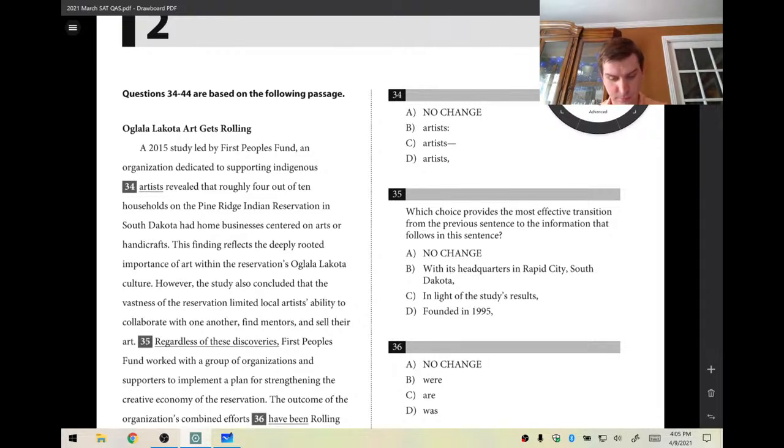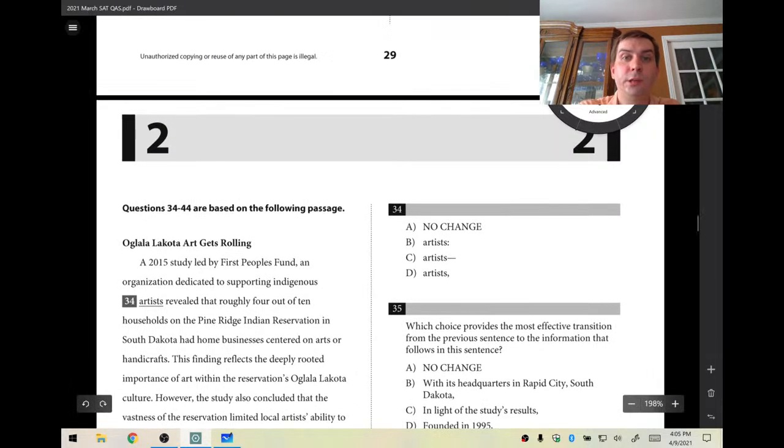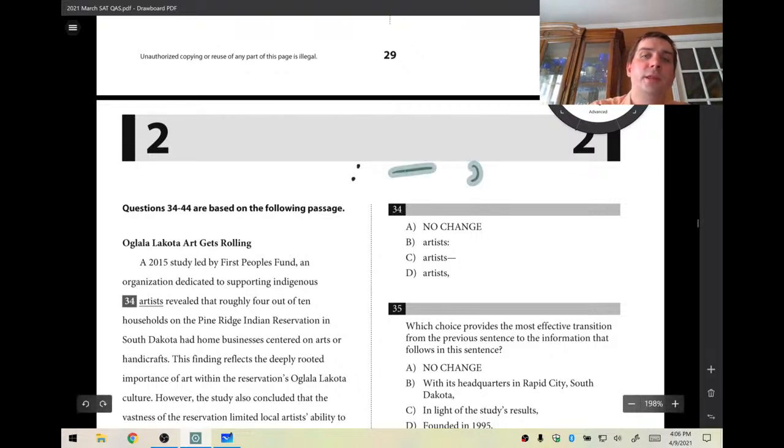All right. Okay, so they're testing us on punctuation. They're testing us on colons, they're testing us on dashes, and they're testing us on commas. Do we need a comma here? So I know this is the thing that I botched a minute ago.